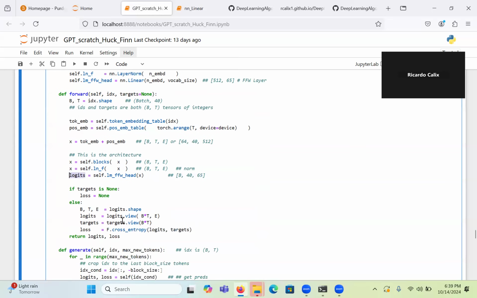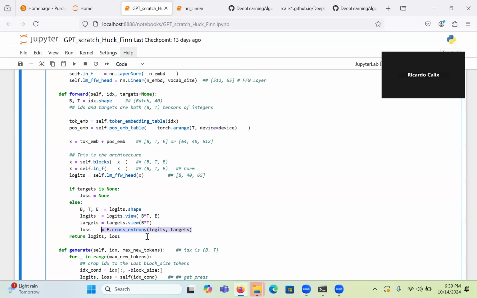And so these logits would be compared with the actual target value. So if you remember, these are basically our logits over here, and these are the targets, and then you just do a cross entropy optimization to compare the real to the predicted. Does that make sense? So the predicted values to the real values, basically. And it's a cross entropy.